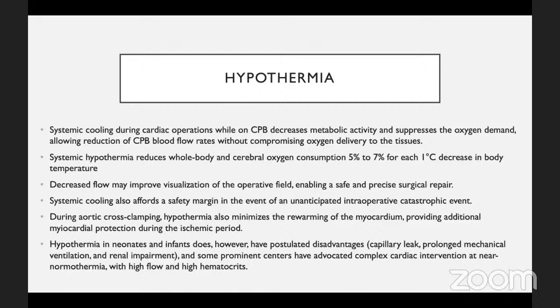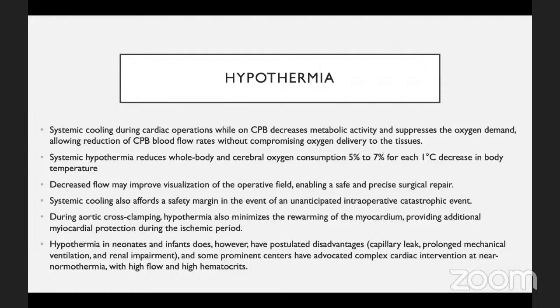Systemic hypothermia reduces the whole body and cerebral oxygen consumption by 5% to 7% for each 1 degree Celsius decrease in the body temperature. The decreased flow may improve visualization of the operative field, enabling a safe and precise surgical repair. Systemic cooling also offers a safety margin in the event of an unanticipated intraoperative catastrophic event.